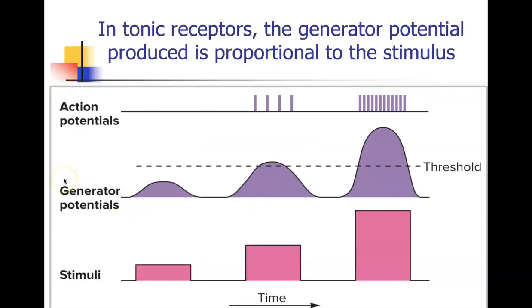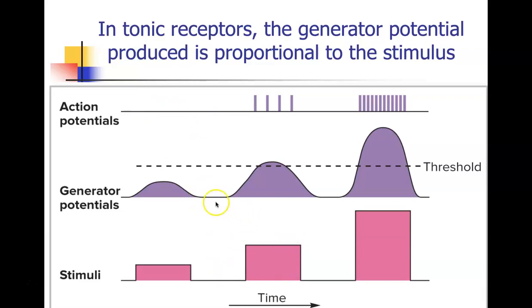So when we look at this in terms of generator potentials, in tonic receptors, the generator potential produced is proportional to the stimulus, okay? So what I mean by this is that if you have some kind of stimulus, maybe pressure on your skin, if you get a little bit of pressure, you'll get a small graded potential in the receptor and no action potentials down the neuron.